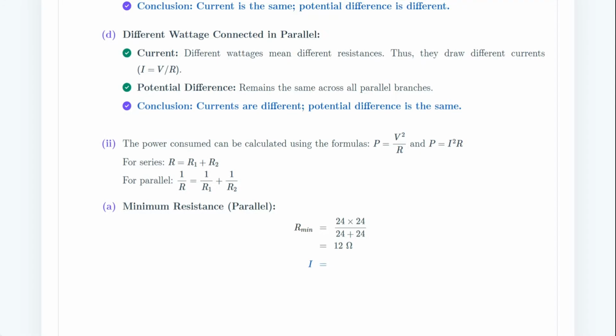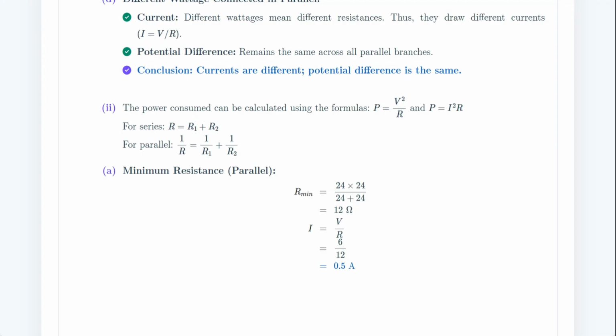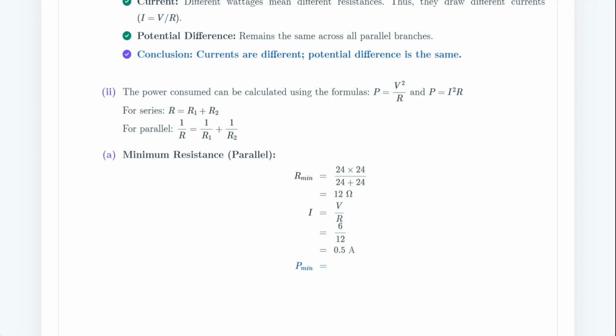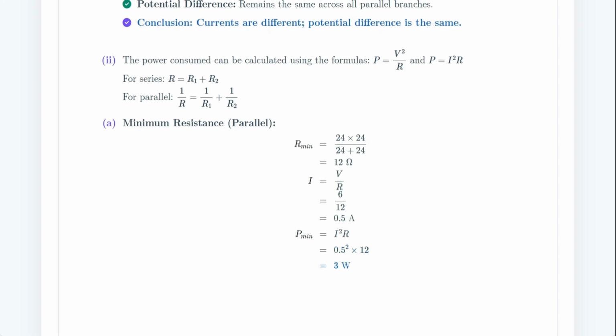Now, the current I equals V over R, which is 6 divided by 12, giving 0.5 amperes. So, the minimum power P min equals I squared R, which is 0.5 squared times 12, giving 3 watts.